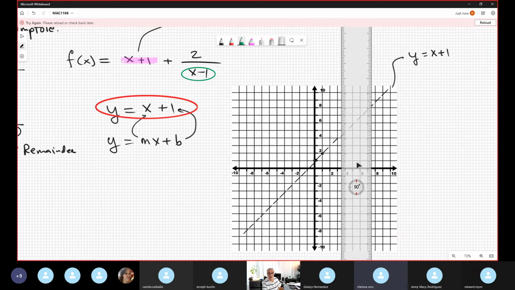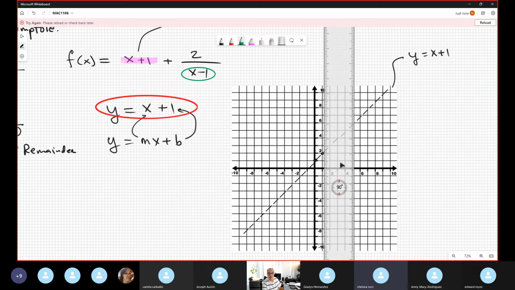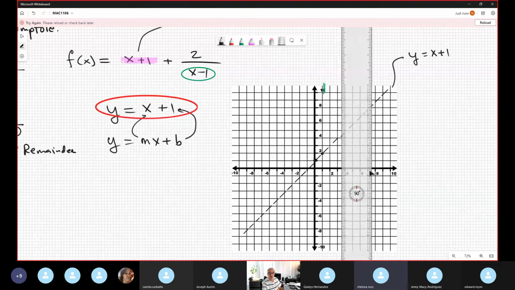In x equals 1, here, another asymptote, but it's vertical. Oh no, that color. Black color. Let me erase the green color. Black color.